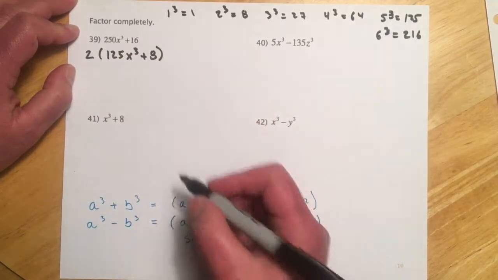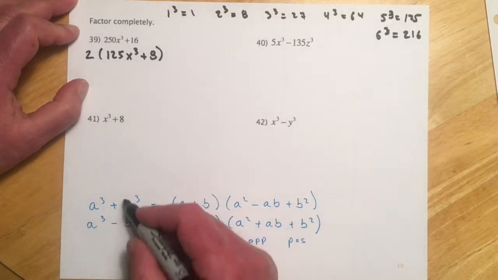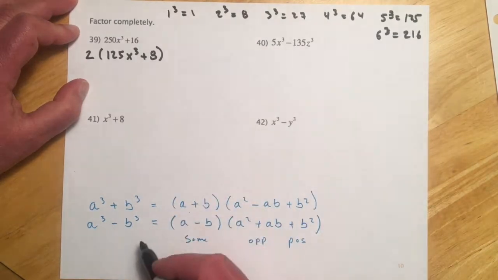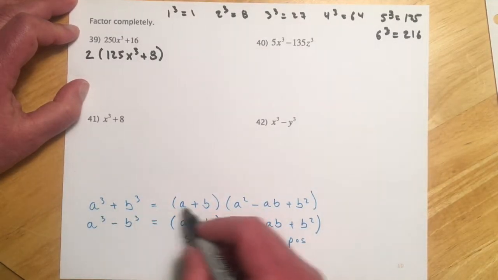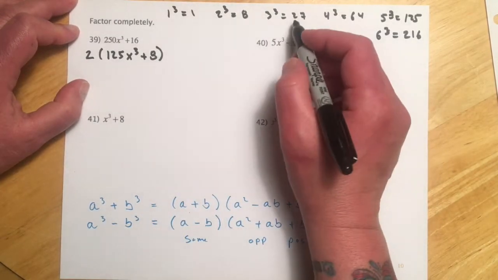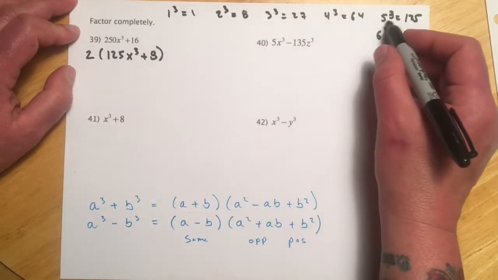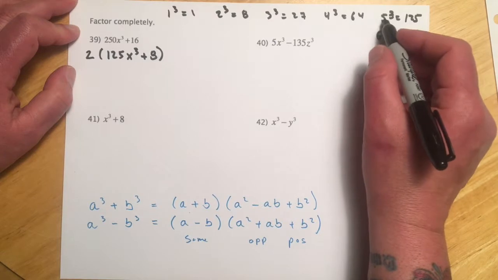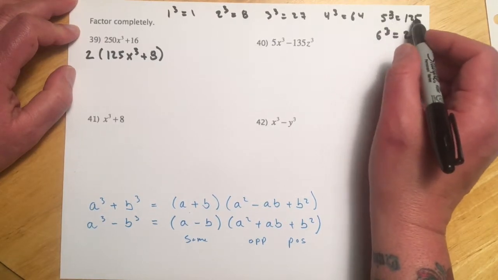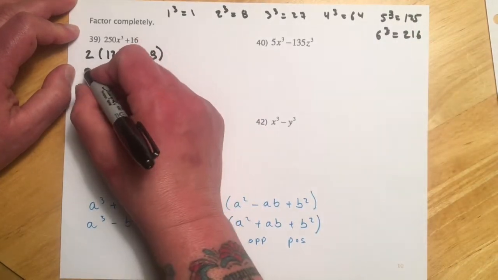The way the formula goes is we have 2 formulas, one for plus, one for minus. The first step is to break it down. When we see an 8, we break it down to a 2. When we see 125, we break it down to a 5.